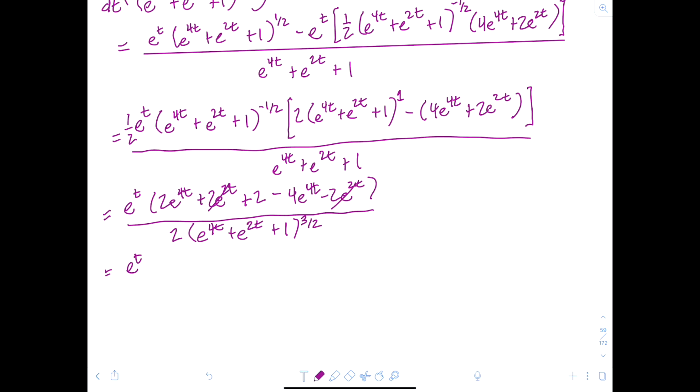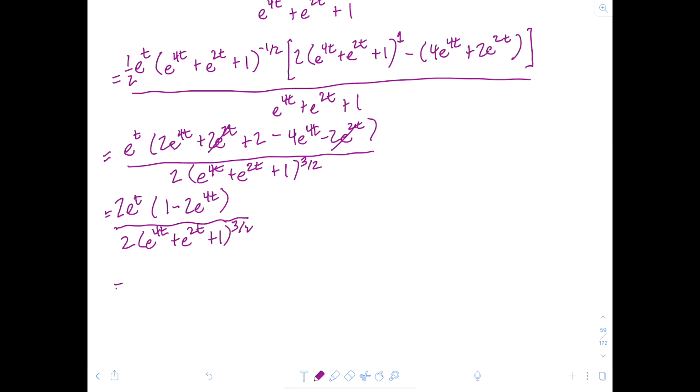We'll be able to factor out a 2, and we'll have quantity 1 minus 2e to the 4t, as long as I didn't make a mistake, over 2 times e to the 4t plus e to the 2t plus 1 raised to the 3/2.